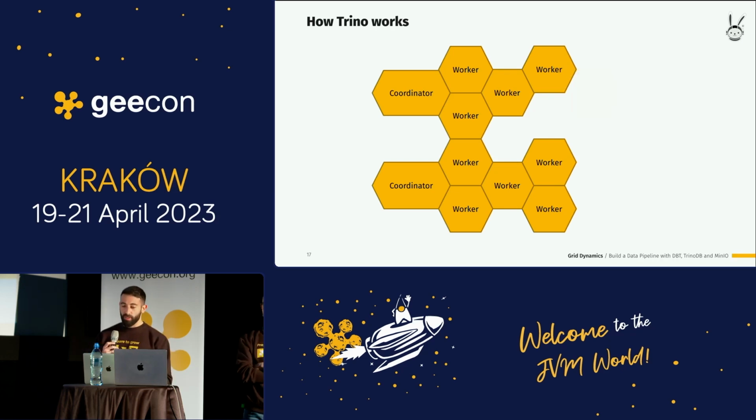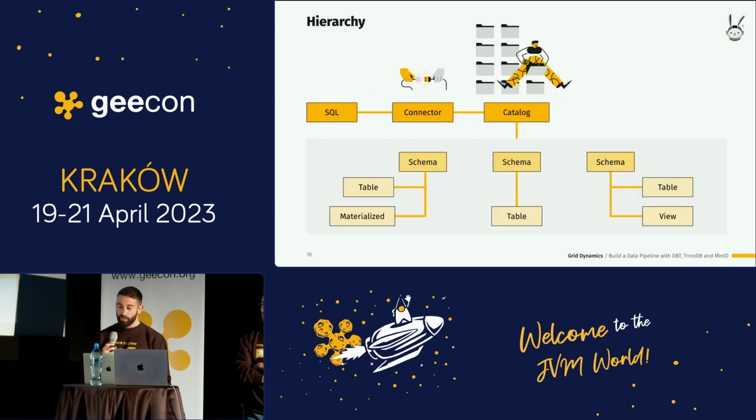Let's maybe talk a bit more about the hierarchy of Trino. There are some concepts that we have to be familiar with to understand later how the query engine works.